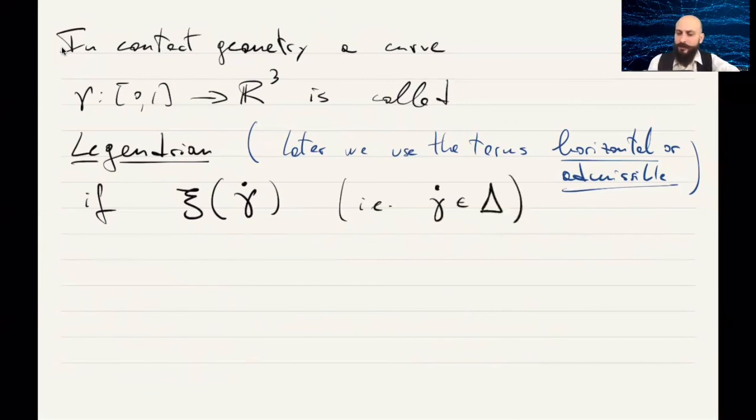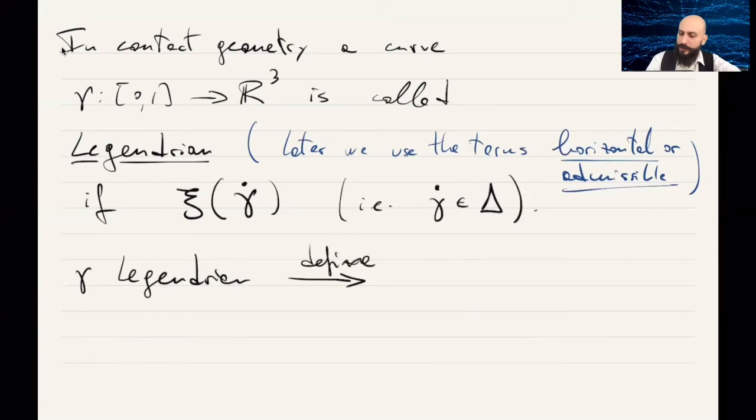Okay, now for a Legendrian curve, we can define the length. So if gamma is Legendrian, we can define the length of gamma with the scalar product.